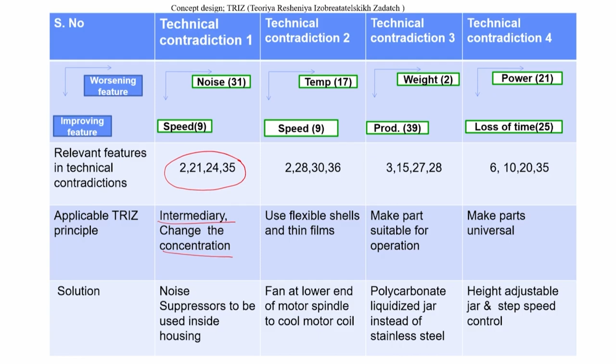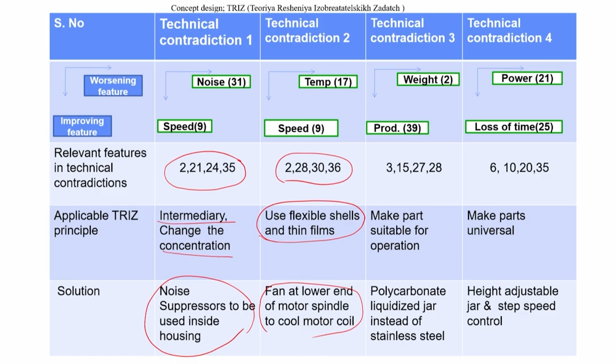From that they thought of using noise suppressors inside the housing as one solution. The speed versus temperature has 2, 28, 30, 36, and one of the principles they figured out is to use flexible shells and thin films. So, they figured out a solution like a fan at the lower end of the motor spindle to cool the motor coil.